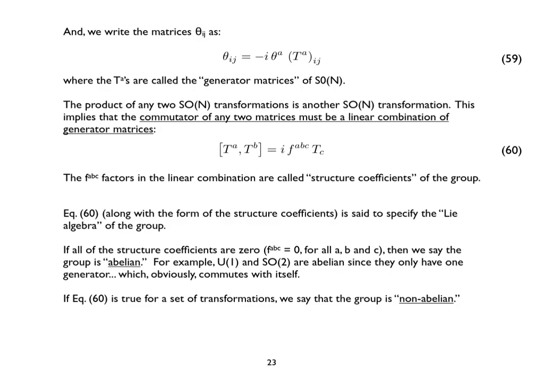And if the generators obey some Lie algebra like we have in equation 60, in other words, the right-hand side is not 0, it's proportional to some other transformation within the group, we call this group non-abelian. So anytime you see a theory that has a Lie algebra that looks like that, you know that you're dealing with a non-abelian symmetry.